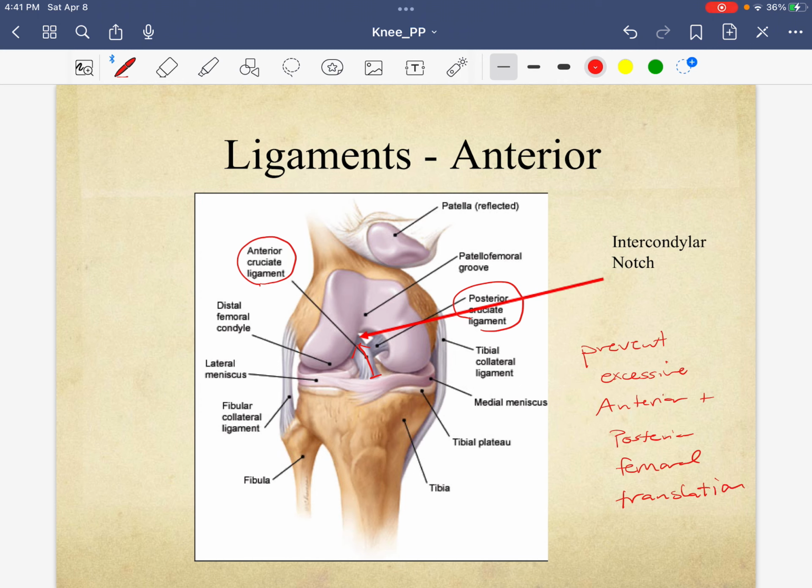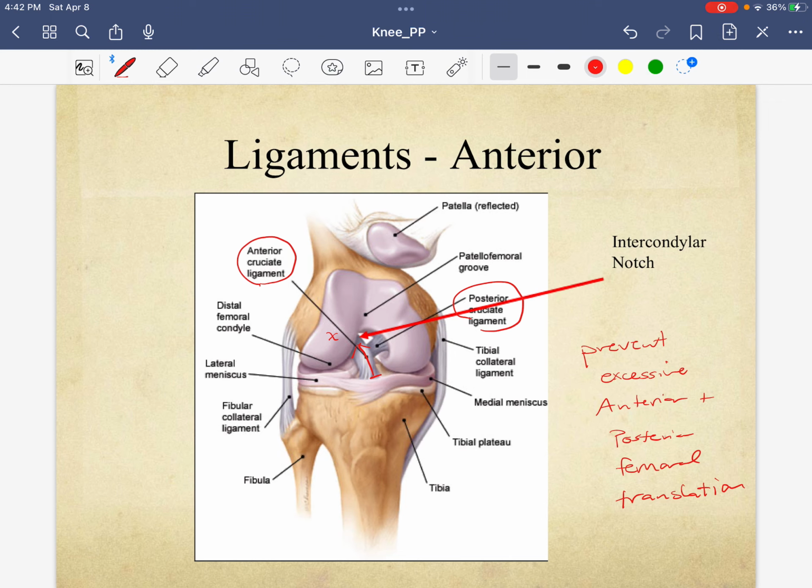I'm going to bring a model in when we meet for lecture next time, and maybe I'll bring it to lab too, so we can see this. But basically, this is a way to prevent the tibia and the femur from moving too far anterior or posterior. Without these ligaments, you might imagine that the femur could just slide all the way anteriorly and never stop.